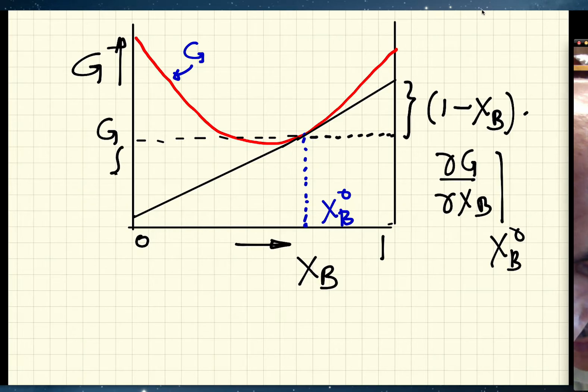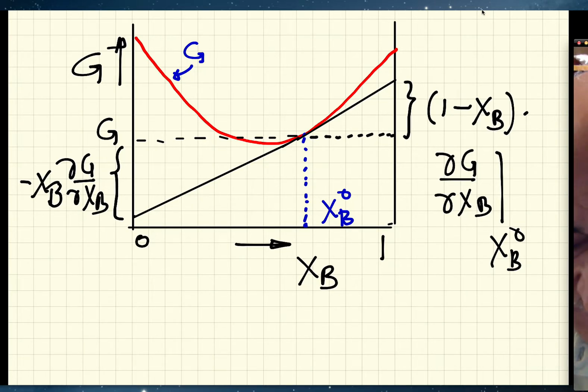And this amount on the left is equal to minus x sub b times the slope again, dG by dx sub b, because from here to here is x sub b, and then you take the slope.